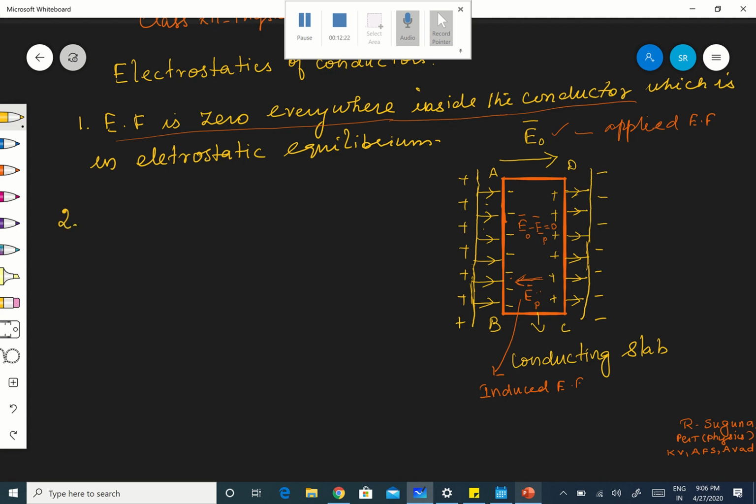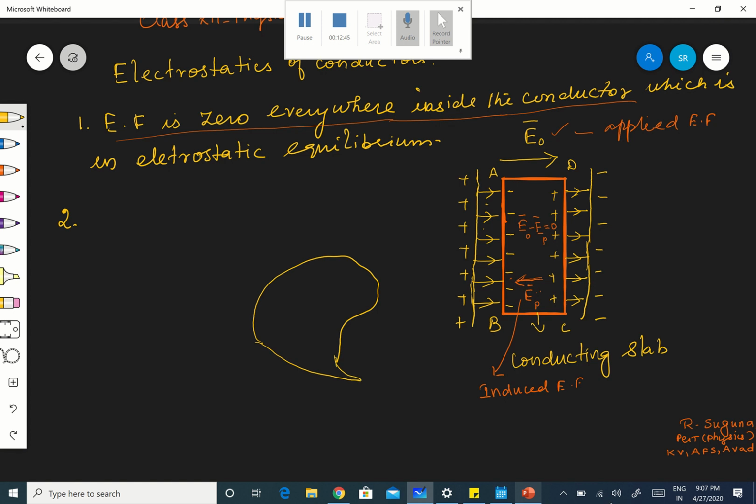See, if I take a conductor of any shape, let me even have some conductor, some shape, any shape.